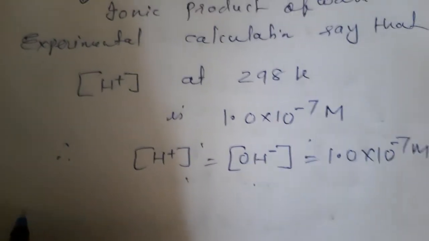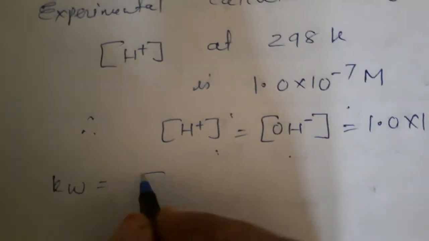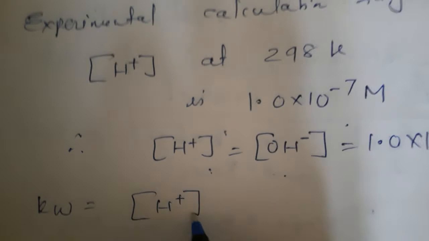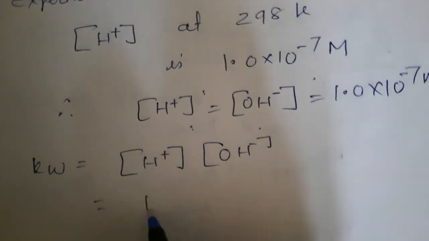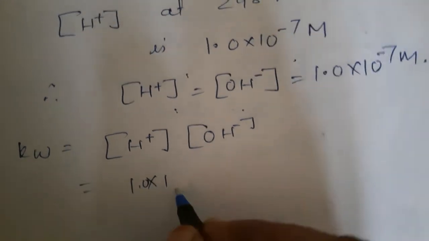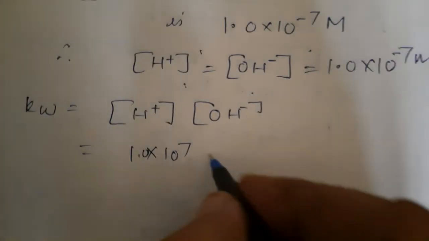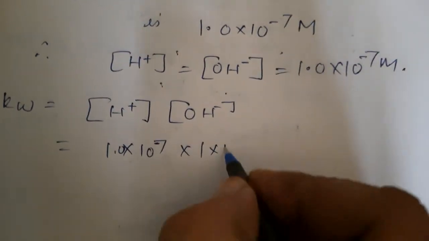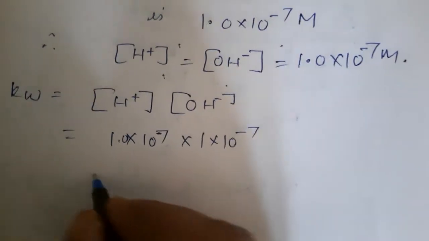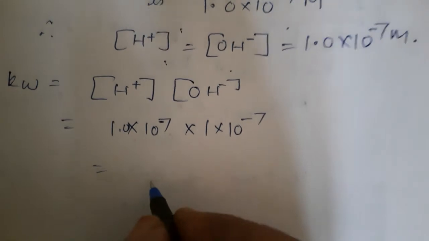So Kw is equal to H+ into OH-. So it will be 1 into 10⁻⁷ into 1 into 10⁻⁷ molar. So it will become -7 -7 -14.